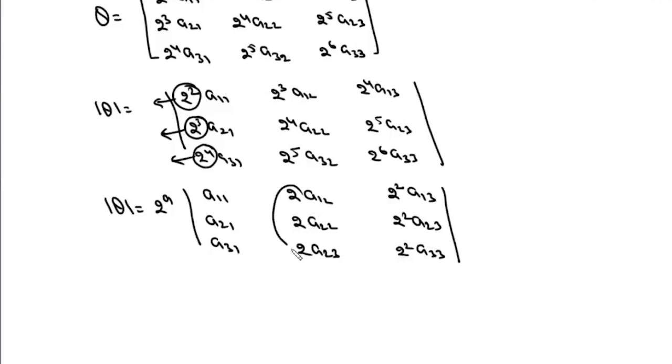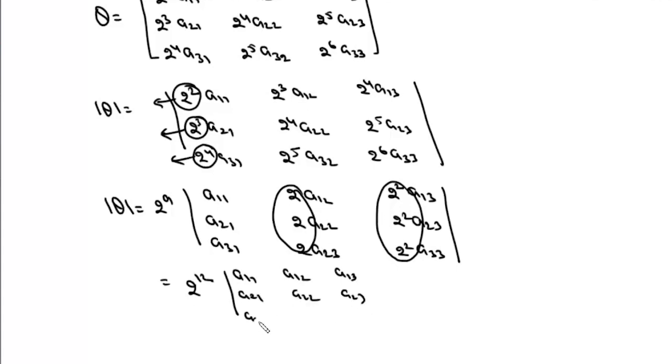From this column we'll take 2 common, and from this column we'll take 2 square common. So it'll be 2 to the power 12, and then we'll have this A11, A12, A13, A21, A22, A23 and A31, A32 and A33, which is nothing but determinant of P. So it'll be 2 to the power 12 into determinant of P.